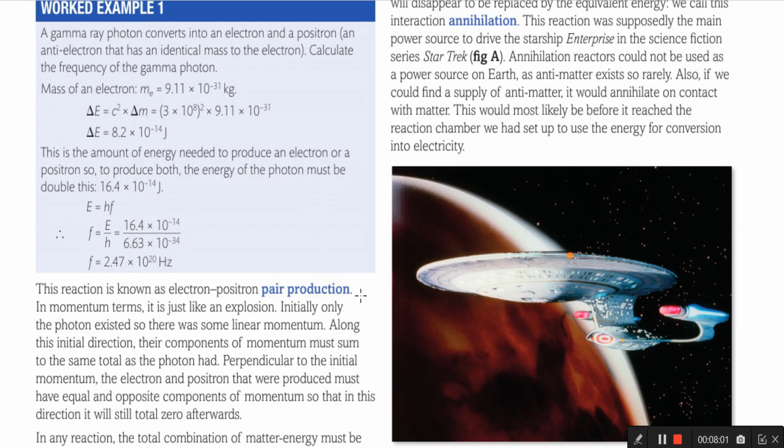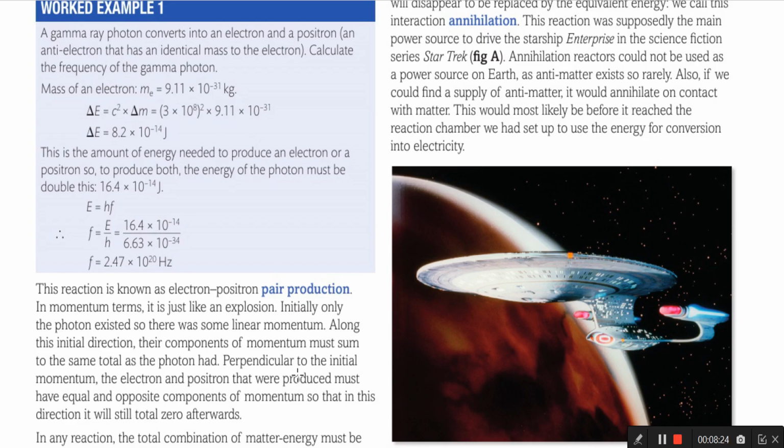In momentum terms, it is just like an explosion. Initially, only the photon existed, so there was some linear momentum. Along this initial direction, the components of the momentum must sum to the same total as the photon had.